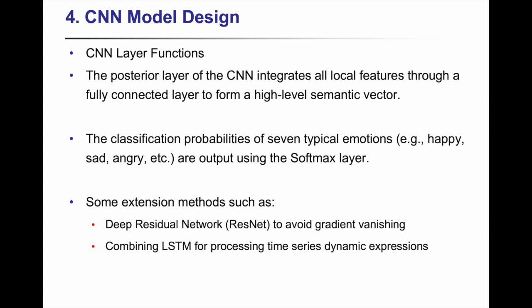To improve the temporal consistency of expression change modeling, some models also integrate long short-term memory networks or temporal convolutional structures to support the continuous recognition of dynamic expressions in video sequences.